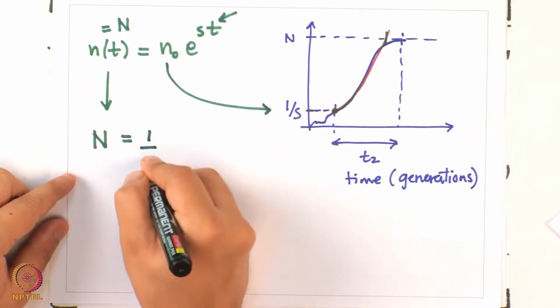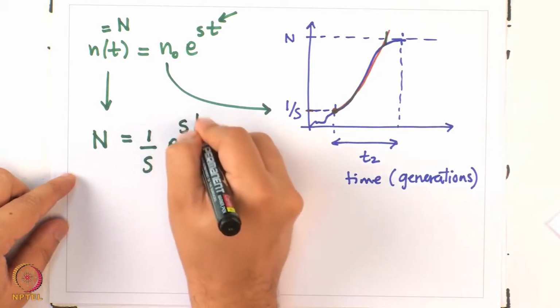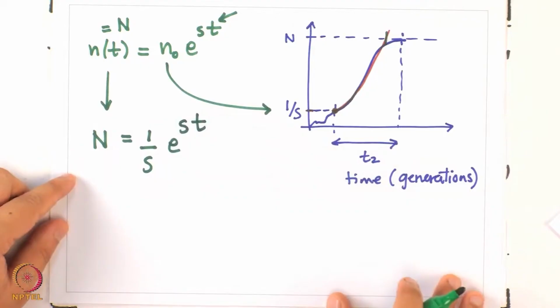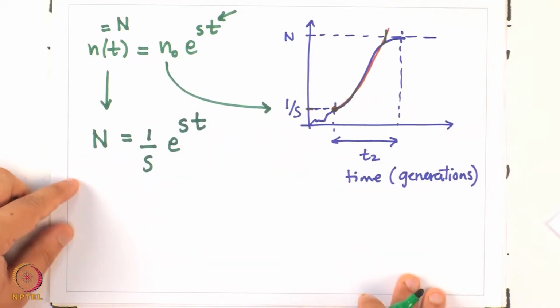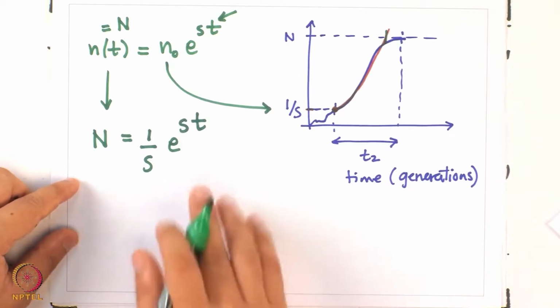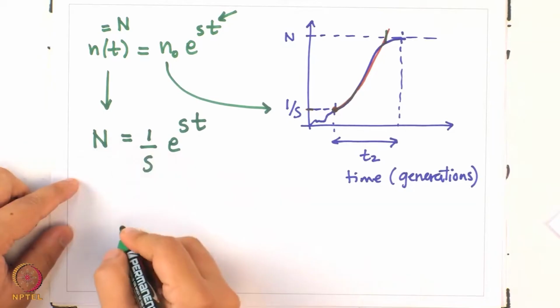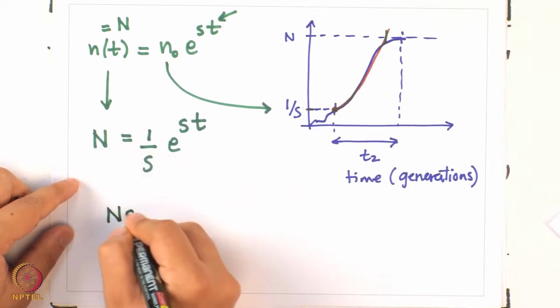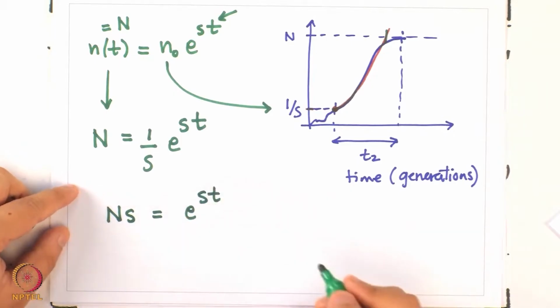So, you have N equal to 1 by s e to the power st. s is the selection coefficient associated with this mutant, and t is the variable that I am interested in finding out. Now, I take s over to the other side and I get Ns equal to e to the power st. Then I take log of both sides.